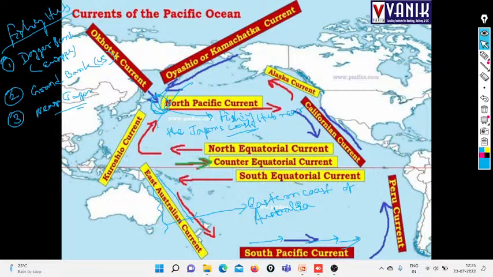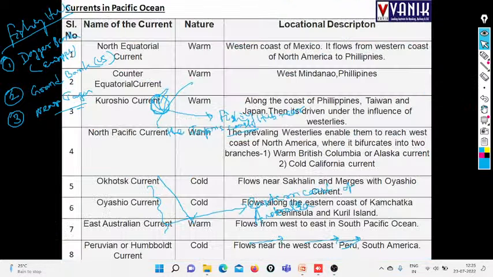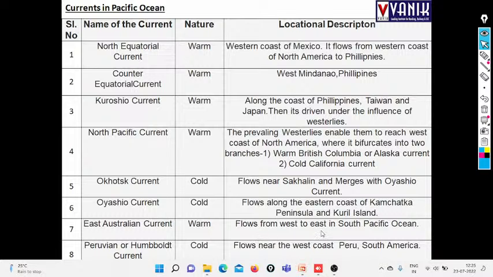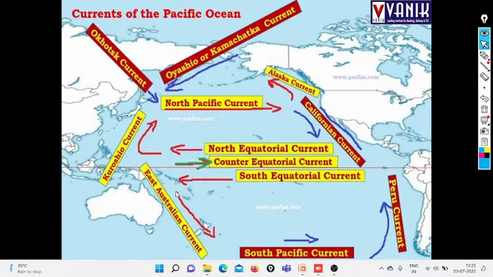The East Australian current is a warm current in the Pacific Ocean. It flows from west to east in the South Pacific, from the eastern coast of Australia till Chile and Peru, crossing the Pacific Ocean completely.